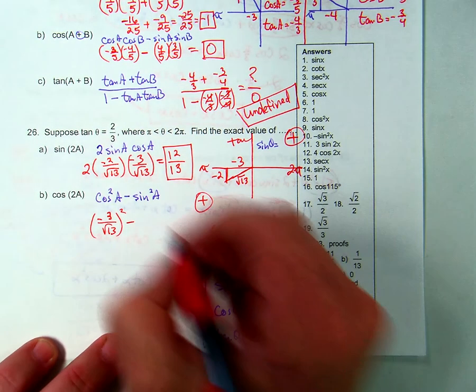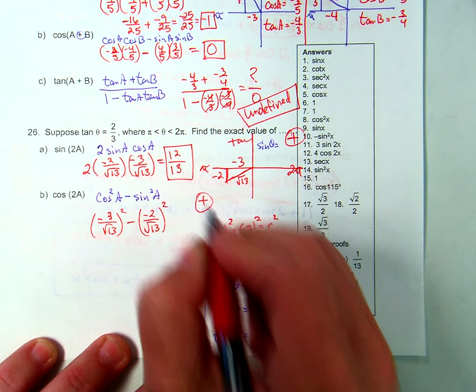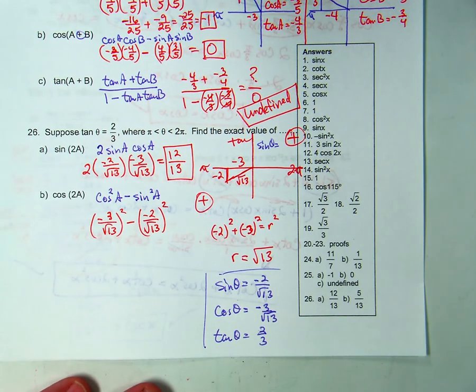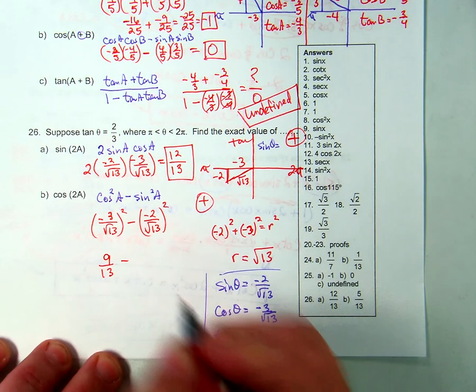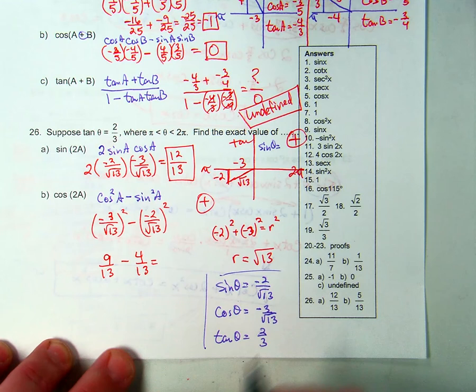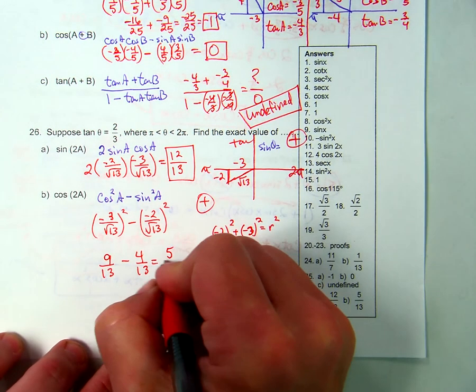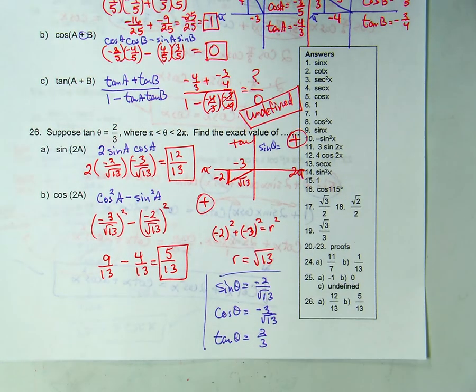Minus sine, which is negative 2 over the square root of 13 squared. Okay, so we'll square this. This will be 9 over 13 minus 4 over 13. And so we'll just end up with 5 over 13. And that completes the review.